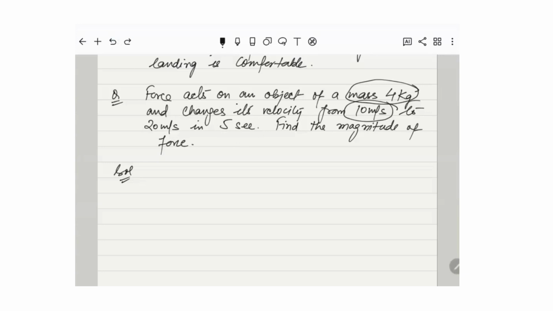Okay. So write down first what is given to you. Given. Felicia, are you getting that? Mass of the object is 4 kg. Initial velocity, u, is 10 meter per second. Getting that, Sama? So this is the initial velocity.